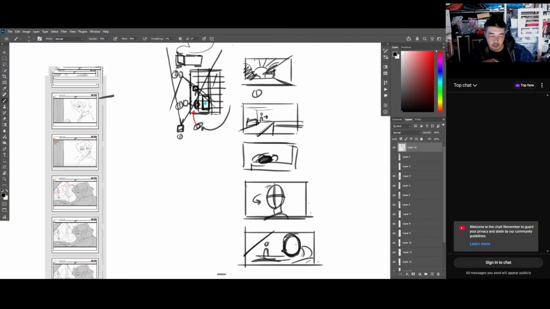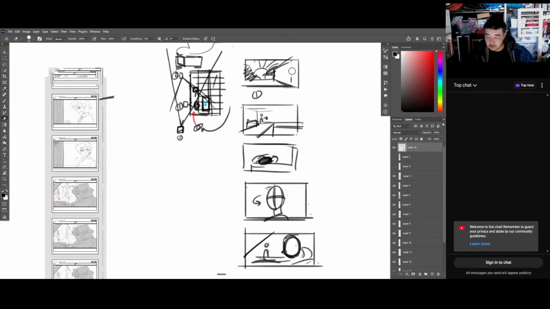Like, how would we simplify this? That's the biggest question. How do you economize your shots? Well, one idea again is, why not do it all in this shot right here?